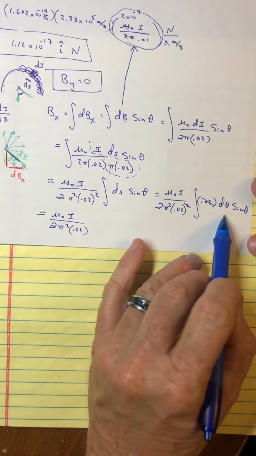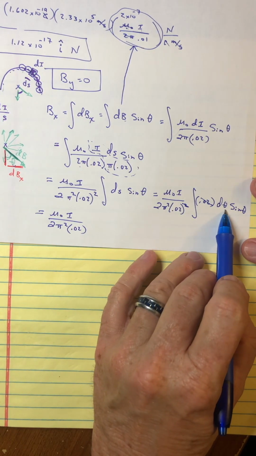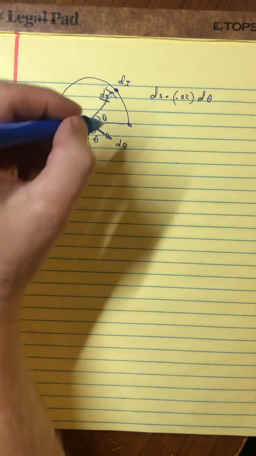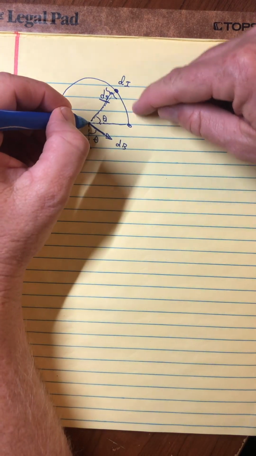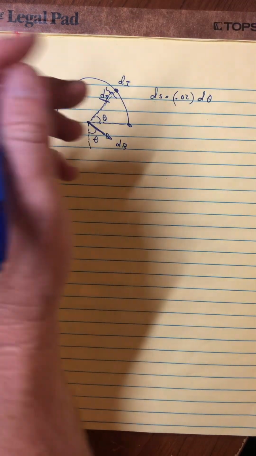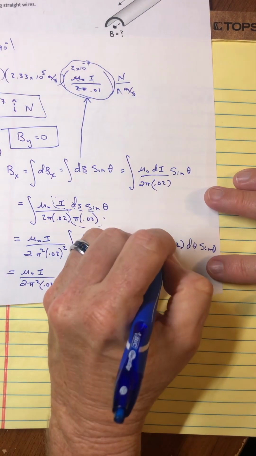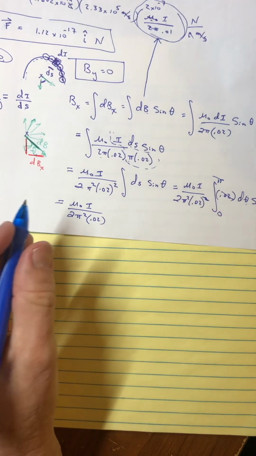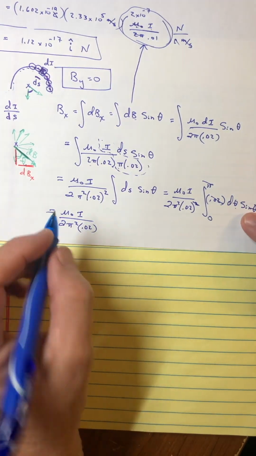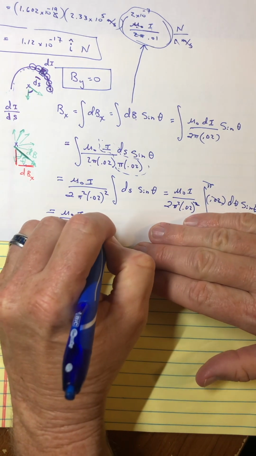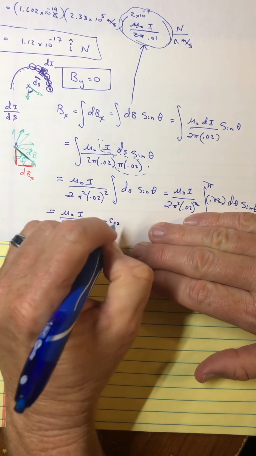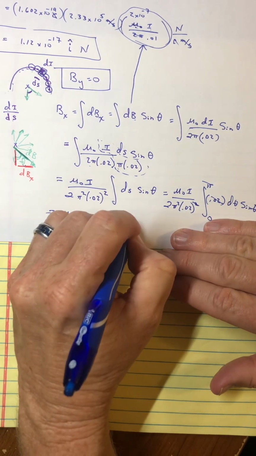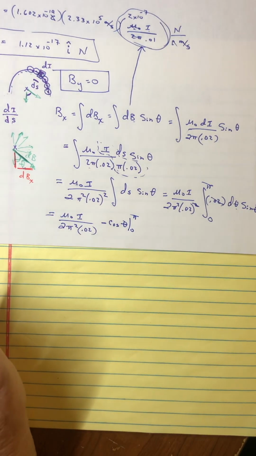But then I just have an integral from 0, and so maybe coming to this picture, 0 on up, all the way around to pi. And the integral of sine theta is minus cosine theta, evaluated from 0 to pi.